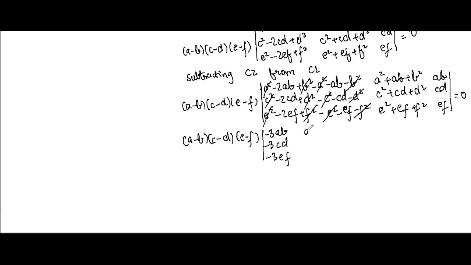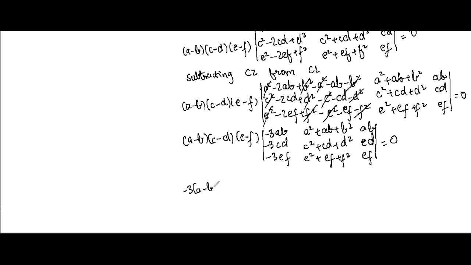The rest are going to be written as it is. Now we are going to take −3 as common, so −3(a − b)(c − d)(e − f), and we are left with ab, cd, ef. Then the rest is again going to be written as it is.